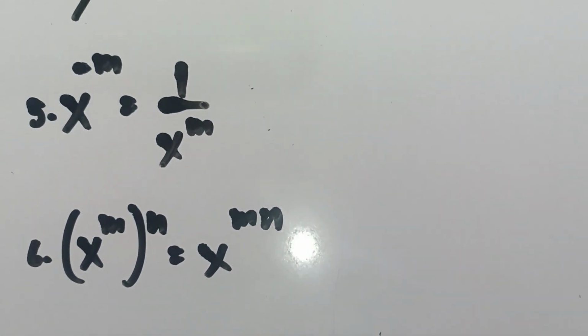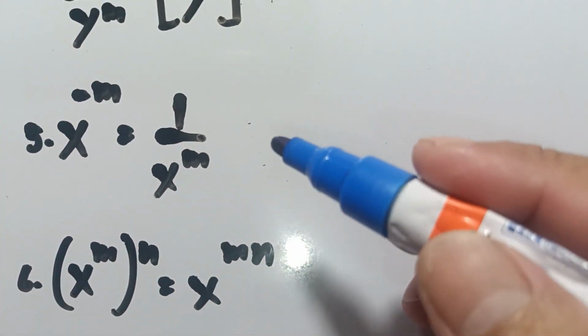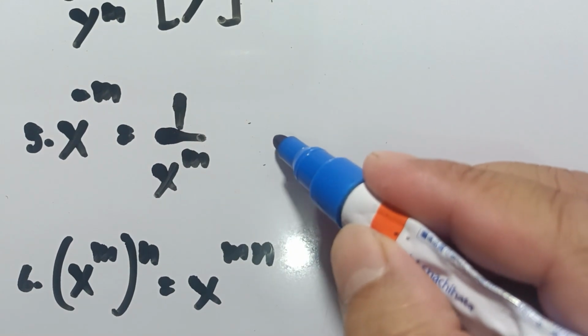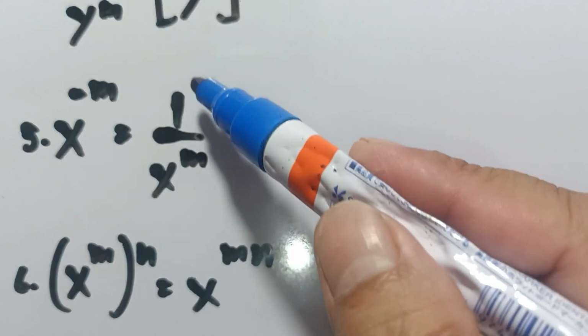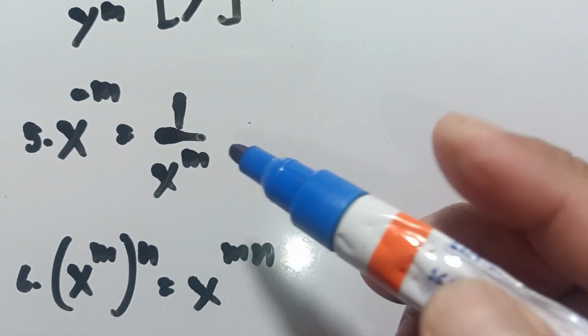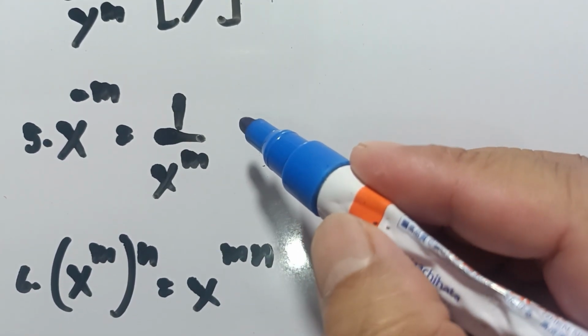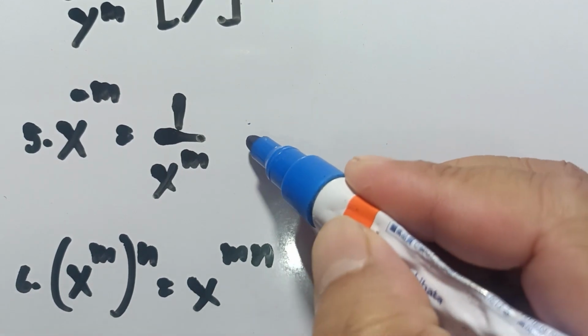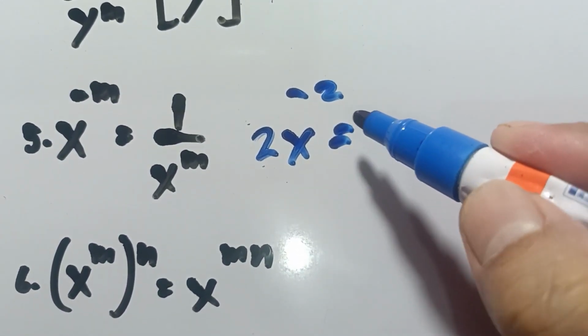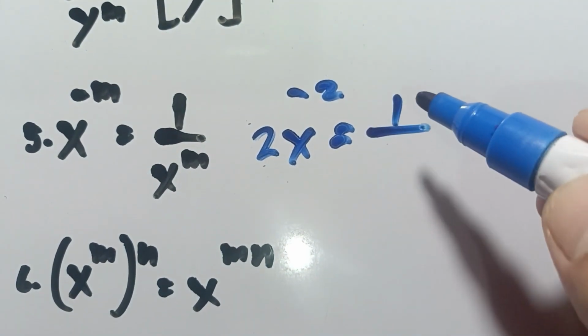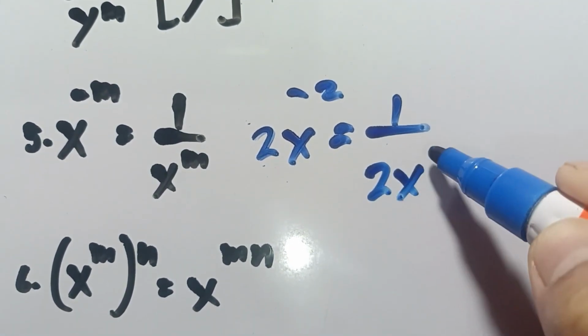Number 5. I will give you some examples. This one, x to the power negative m, becomes equal to 1 over x to the power m. So an example of this one is 2x to the power negative 2, which will become, just follow the formula, 1 over 2x to the power 2.